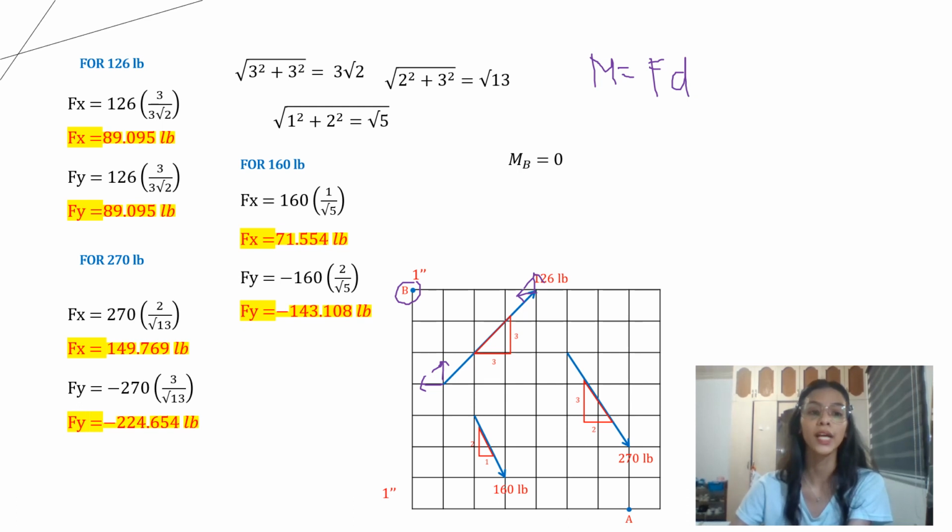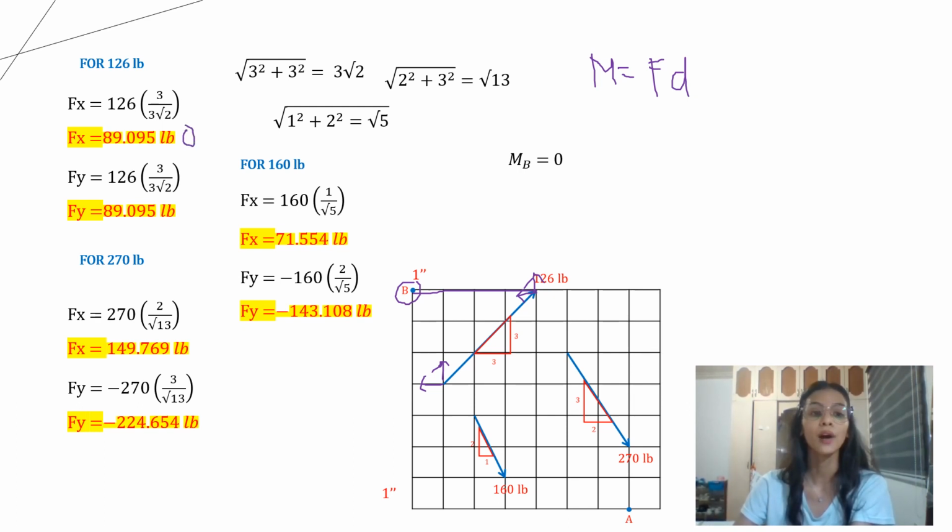So for our 126 pounds, Fx is 89.095 pounds. Since the x is pointing here, it is 0, since it is in line with point B. So our Fx is 0.